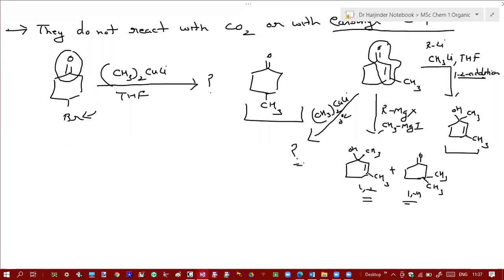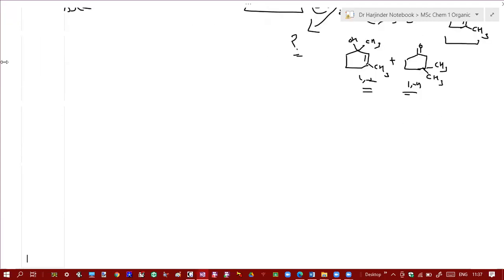Sir, here also a second methyl will come along with methyl. And what will be that addition, 1,2 addition or 1,4 addition? 1,4 addition. Yes, now as I told you earlier, these Gilman reagents, this is a very important point, do not react with carbonyl compounds, they do not undergo addition to carbonyl compounds.